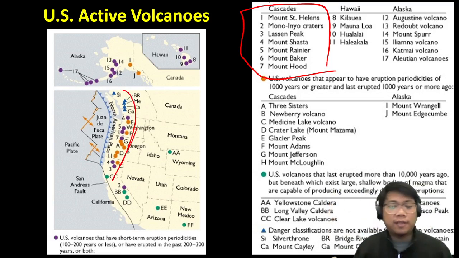The reason for these volcanoes to exist over here is that they are mainly associated with the Juan de Fuca plate that goes underneath the North American plate. Again, it is related to a subduction zone.